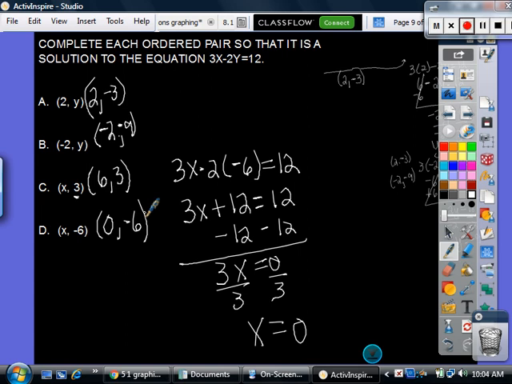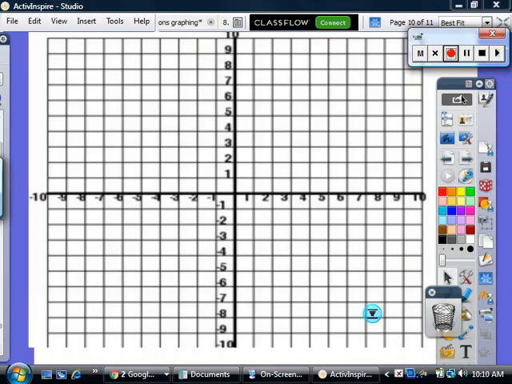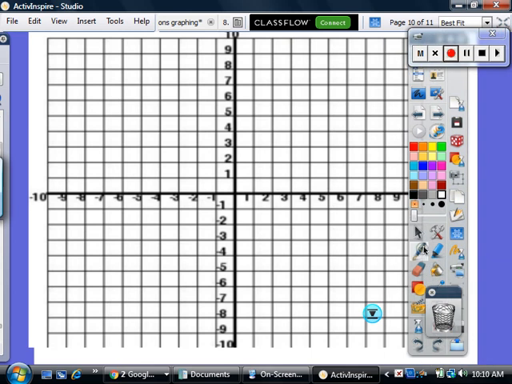All right, draw a little 10 by 10 and let's graph these points and see what we come up with. Let me give you a minute to do that. So what are the points? We had 2, negative 3, is that right?